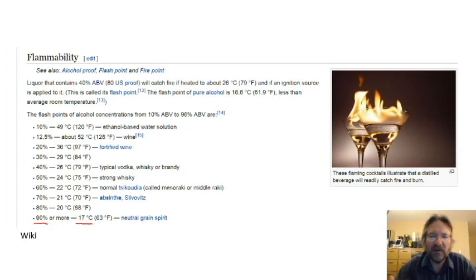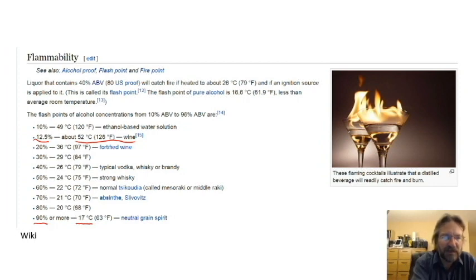So at very low temperature, a little below room temperature, you're going to be able to actually ignite the alcohol. While if you take wine, which has a much lower percent of alcohol, you need something like 52 degrees to make it burn and to sustain the flame.